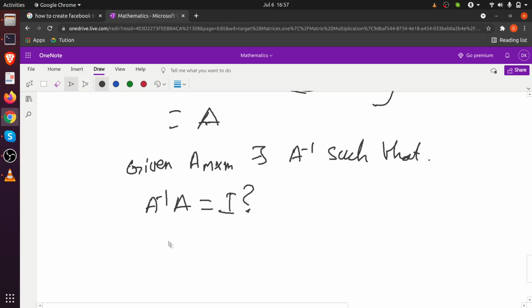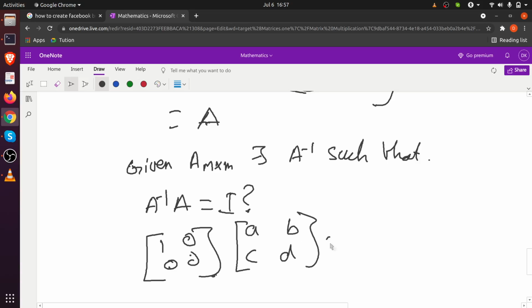Let me give you an example. Let's take a simple 2 by 2 matrix, 1 0 0 0. This matrix does not have any inverse. Whatever matrix you multiply, let's say some arbitrary matrix of size ABCD, this matrix just selects the first row.